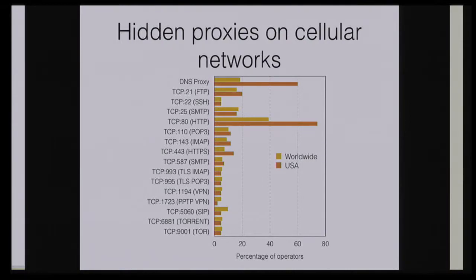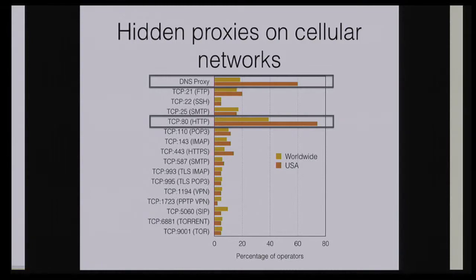They are also deployed for security, as in the case of firewalls, or to fight resource scarcity, such as rate limiters, or to improve performance, as in the case of proxies performing TCP splitting or performance-enhancing proxies for HTTP traffic. But this figure shows that in the US, most of the operators have DNS proxies as well as HTTP proxies deployed. And the numbers we are seeing are way higher than in the rest of the world.